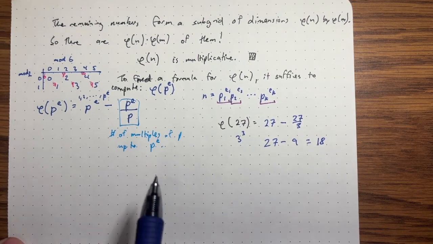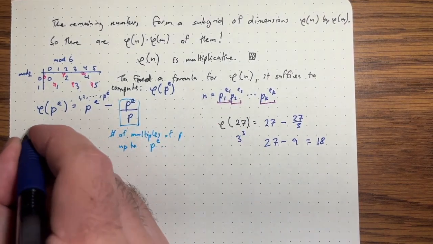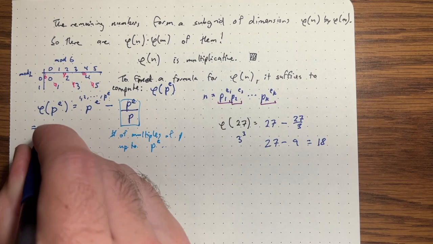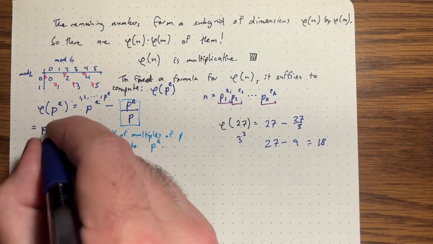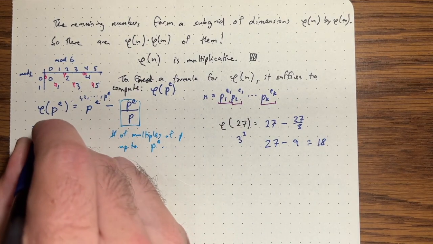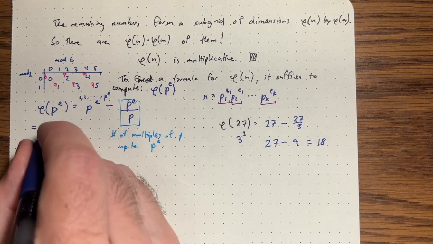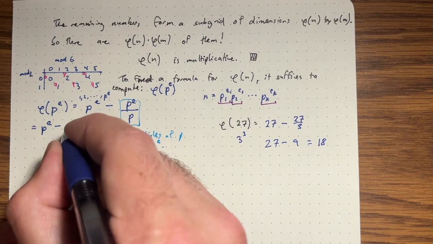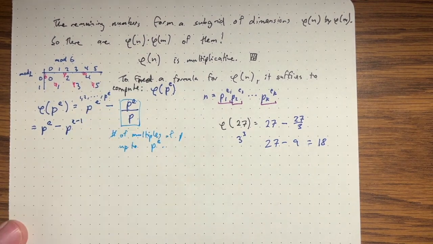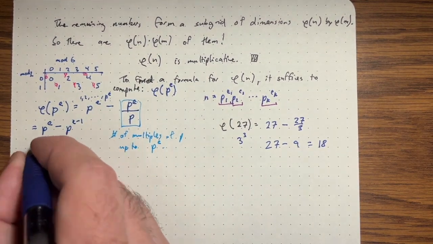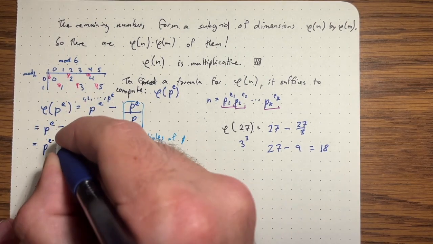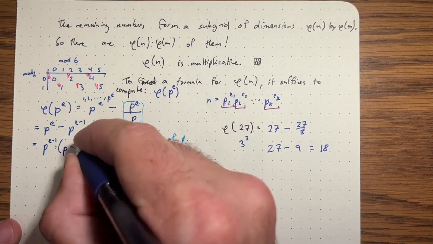Should we write this in a nicer way? There are lots of ways you can write this. It's p to the e minus p to the e minus 1. If I want, I can factor out a p to the e minus 1 and get p to the e minus 1 times p minus 1.